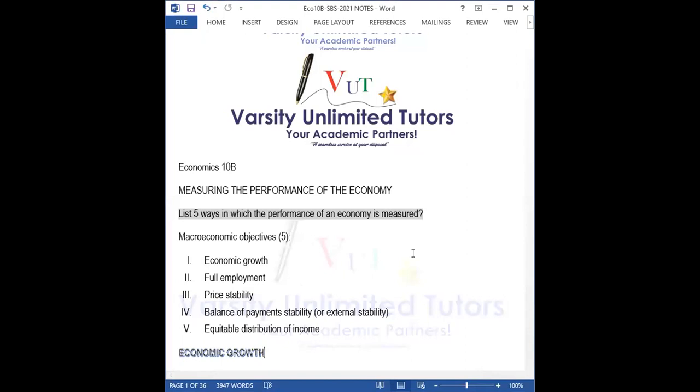All right, so as I highlighted when we were starting, today we're going to be looking at the first topic, which is in relation to the measuring of the performance of an economy. So we all understand that in the subject of economics, we'll be looking at the economy at a broader spectrum. We need to be at a level of understanding whether an economy is performing very well, or whether an economy is underperforming, or whether an economy is just performing, that is, it's not doing well and it's not doing very bad.